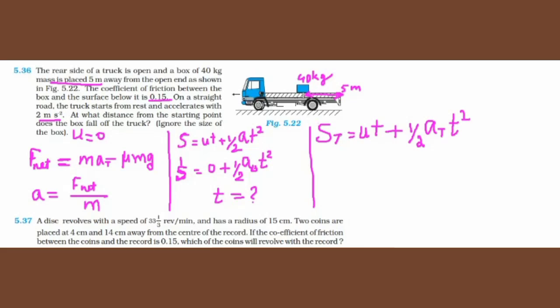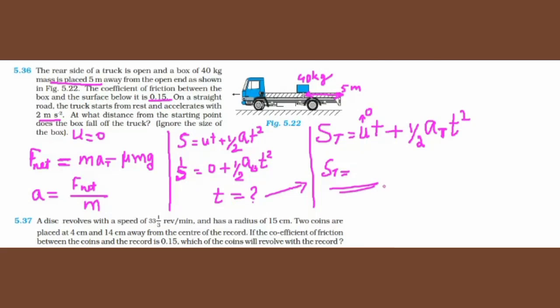U is again 0. So half into the acceleration of the truck, and the value of t you have to substitute from here. Then you will get the distance traveled by the truck.